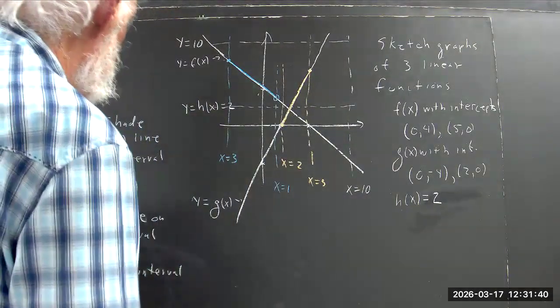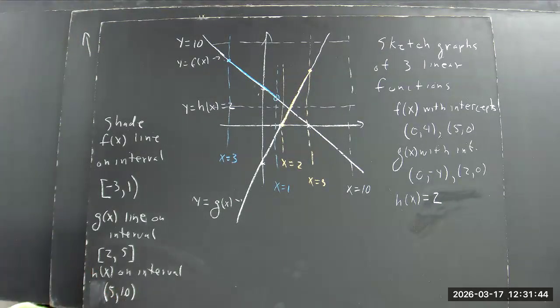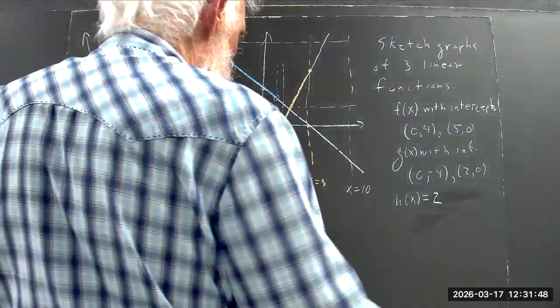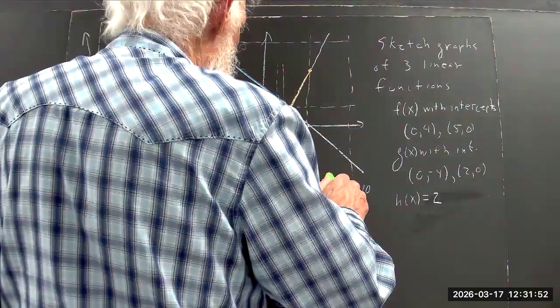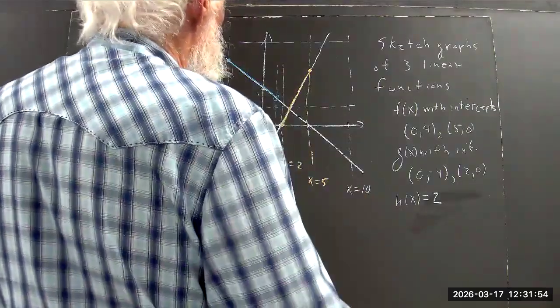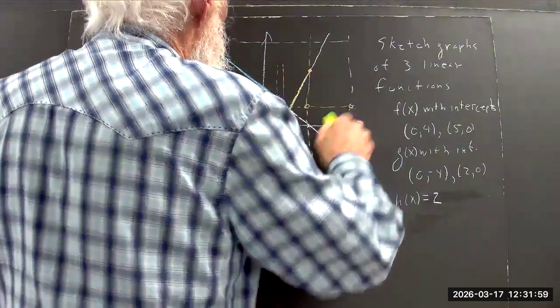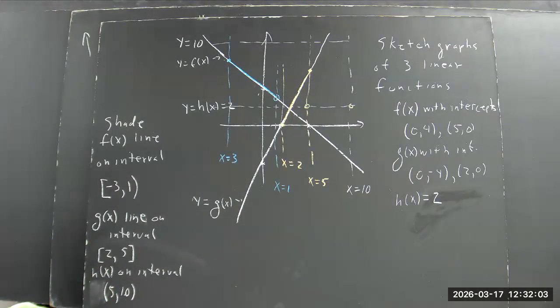And then finally, we're going to trace over h(x) on the interval from 5 to 10. That interval is obvious. I'm going to go from here to here. I use open circles because both of these are open.